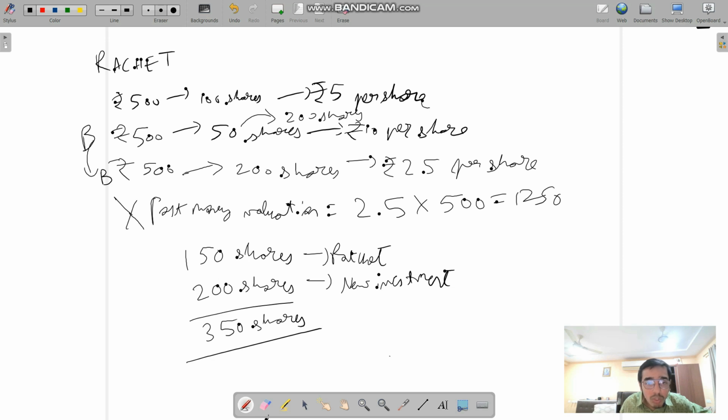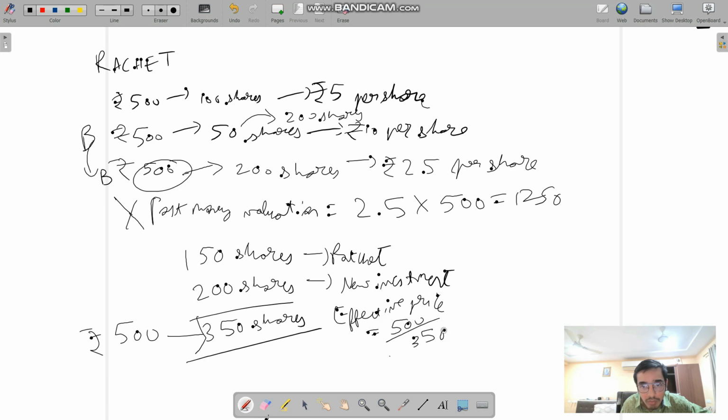Now what was the additional investment that this investor made? He made only 500 rupees additional investment, and 350 shares were given to him. So what is the effective price then? The effective price will be nothing but 500 divided by 350, right? Which comes to approximately 1.42.